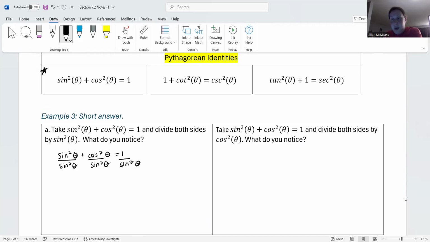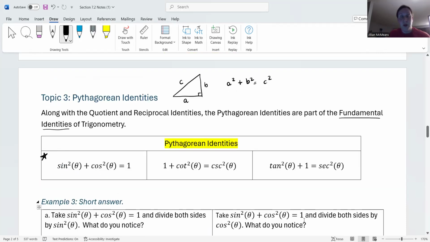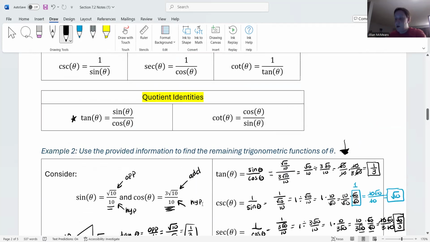Well, sine squared theta divided by itself is just 1, okay? And then you have to remember the reciprocal and the quotient identities. Previously, we talked about the reciprocal and the quotient identities, and we found that there were two quotient identities. So let me scroll up and remind you of those. The quotient identities are right here. We had that tan theta equals sine theta divided by cosine theta, and cotan theta equals cosine theta divided by sine theta.